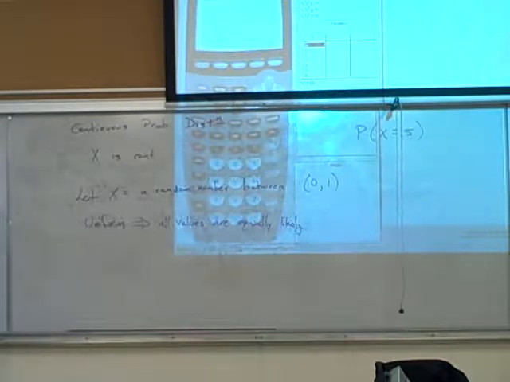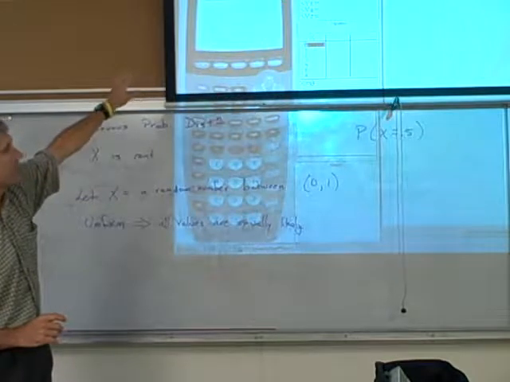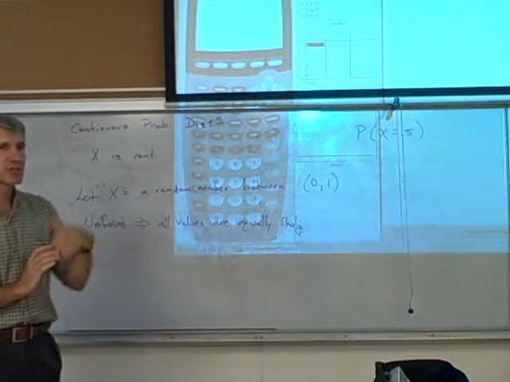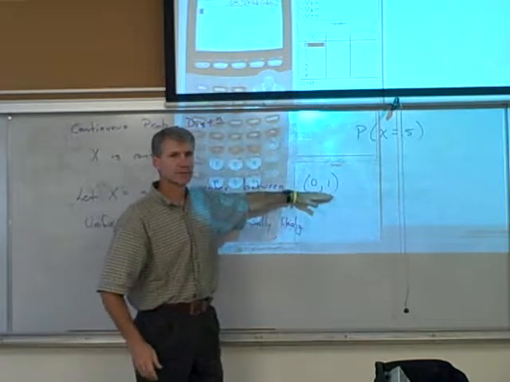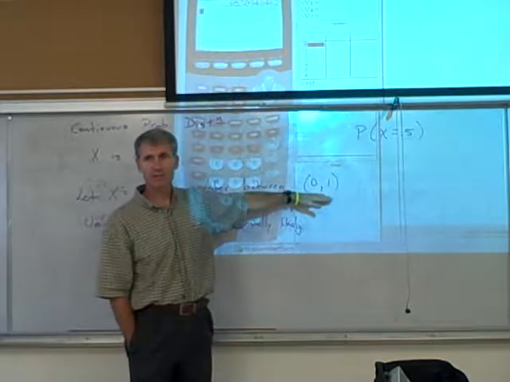If you press enter on rand, you get the word rand on your screen and a blinking cursor. There are no parentheses, so just press enter. What you should get is a number in this interval: bigger than 0, but less than 1.